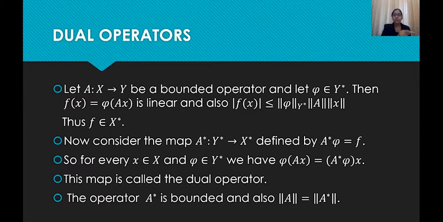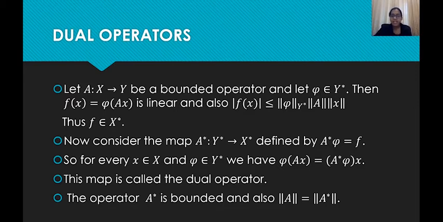Okay. Now we are going to define another map, with the help of this F and phi. We are considering the map A star from Y star to X star. And how are we defining it? We are choosing an element in Y star, that is phi, which we have already chosen.